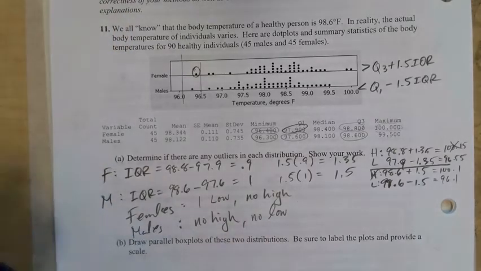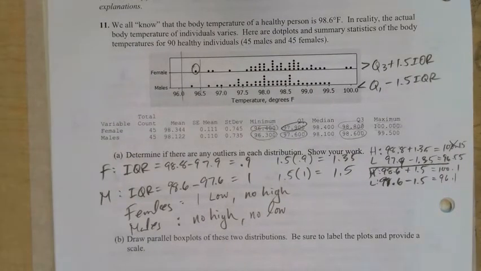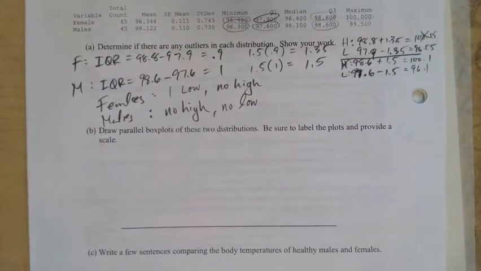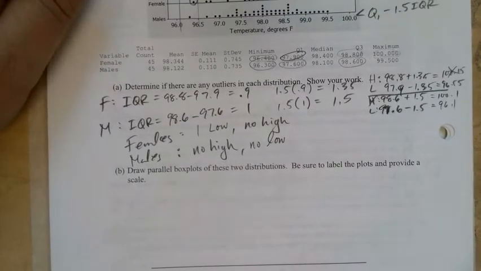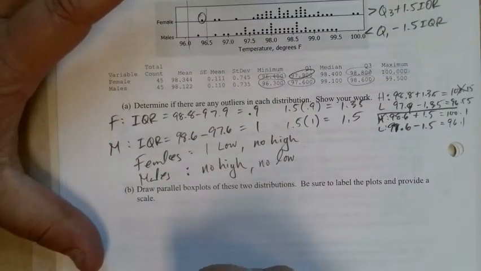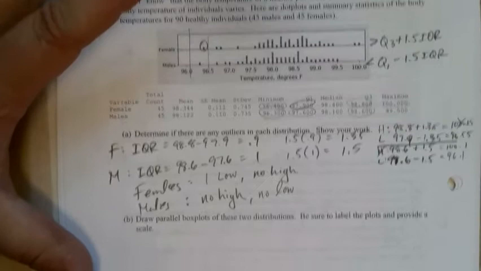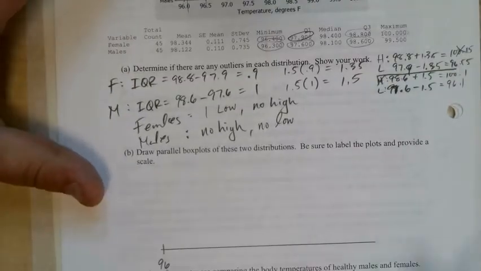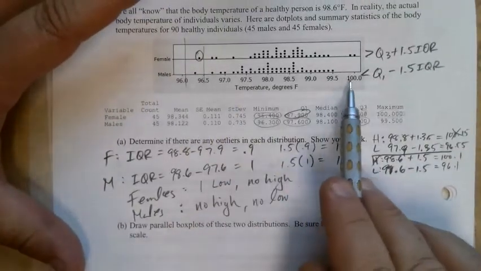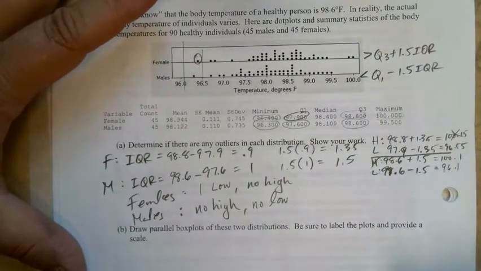Okay, draw parallel box plots to these two distributions. Be sure to label the points and provide a scale. Okay, so box plots. I'm going to use the same scale up here, 96 all the way to 100.